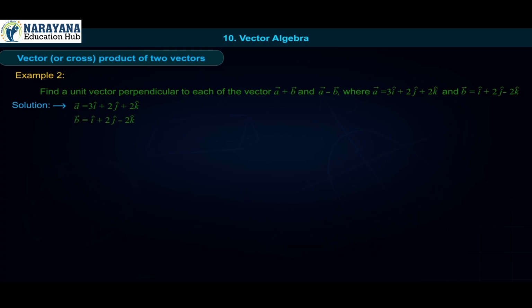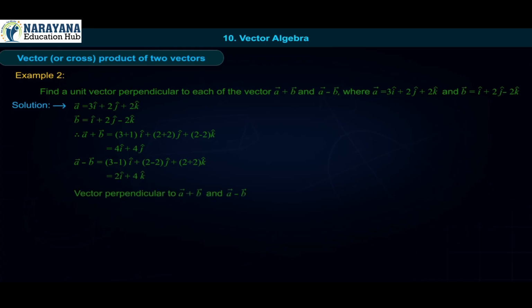Vector B is equal to i cap plus 2j cap minus 2k cap. Therefore, vector A plus vector B is equal to (3 plus 1) i cap plus (2 plus 2) j cap plus (2 minus 2) k cap, which is equal to 4i cap plus 4j cap. Vector A minus vector B is equal to (3 minus 1) i cap plus (2 minus 2) j cap plus (2 plus 2) k cap, which is equal to 2i cap plus 4k cap.